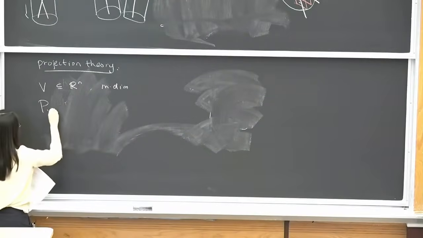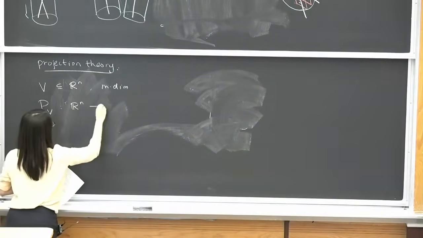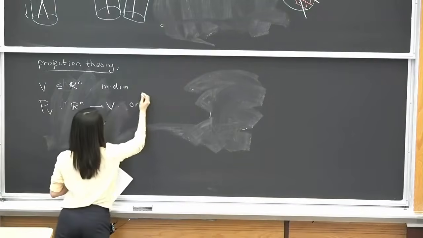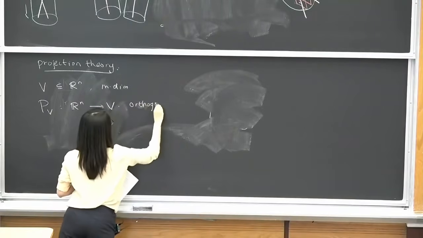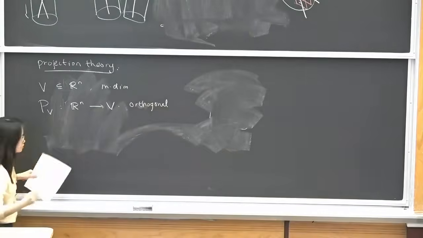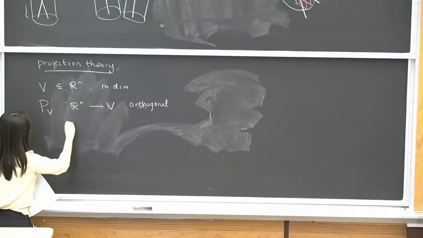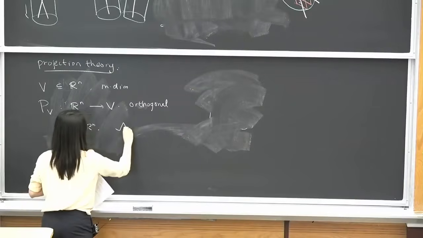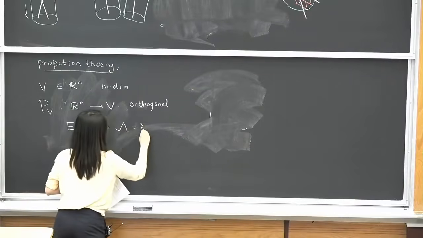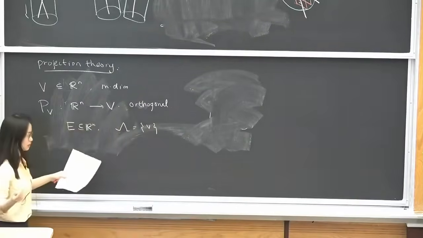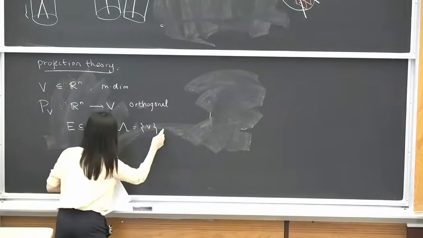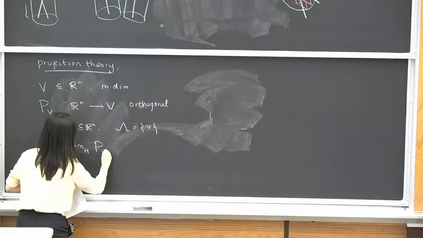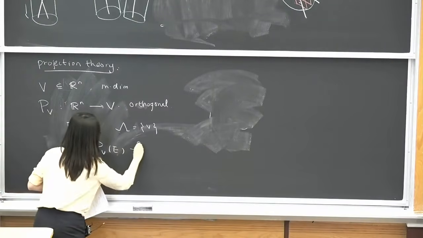And we study the orthogonal projection from Rn to V. The projection theory studies: if we have a Borel subset of Rn, and we have a collection of n-dimensional subspaces, then what can we say about the Hausdorff dimension of the projection image?